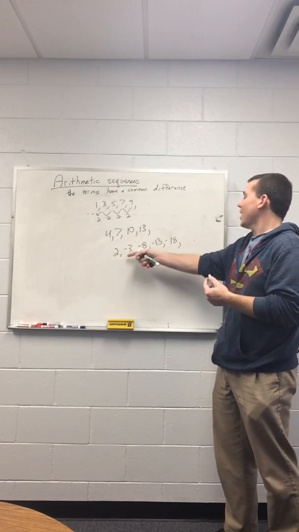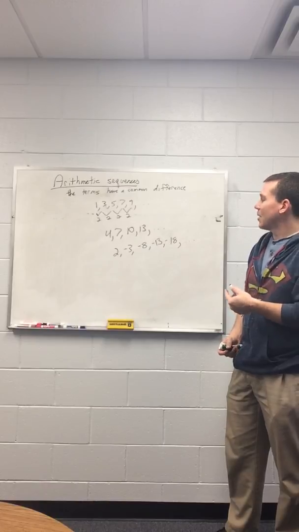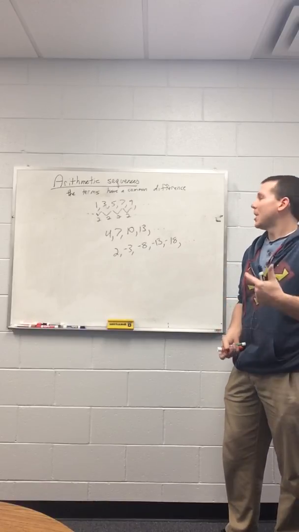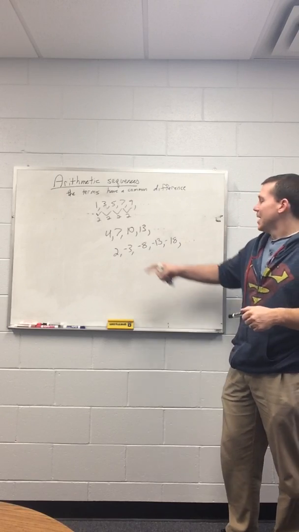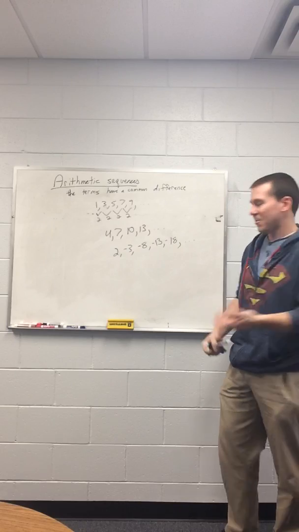In this case, I'm subtracting 5 from each term. So -5 is a common difference, and it's arithmetic. So I don't just have to add positive numbers on, I can add negatives. As long as there's a common difference term to term to term, it's an arithmetic sequence.